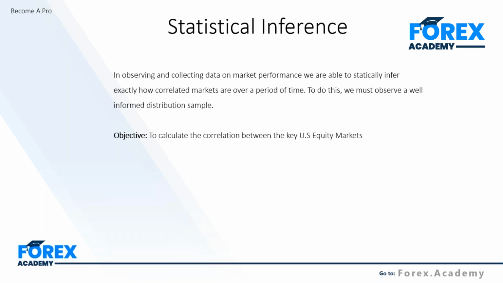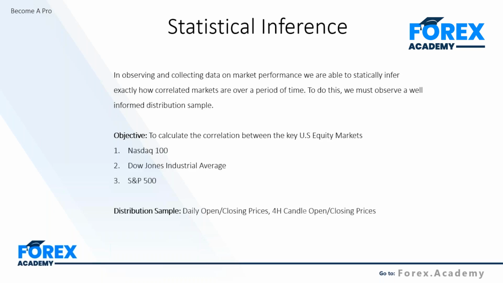We're going to try and calculate their correlation. We're going to choose the Nasdaq 100, the Dow Jones Industrial Average, and the S&P 500. Our distribution sample is daily open and close prices, and to give us a shorter time period, we'll use 4-hour candle open and closing prices. And of course, we have to use the same distribution sample for all 3 markets.